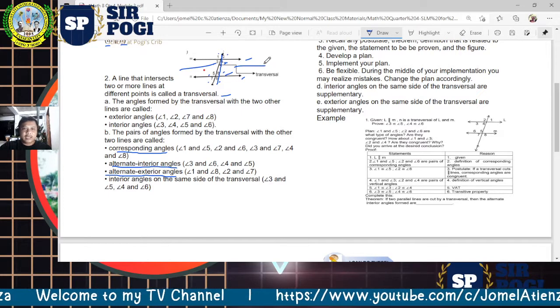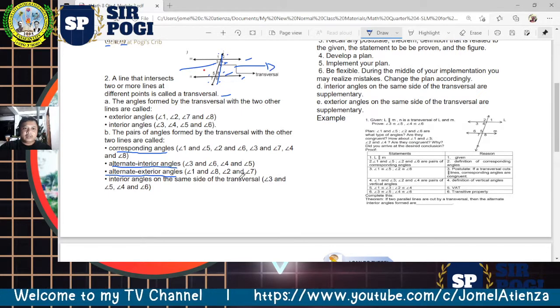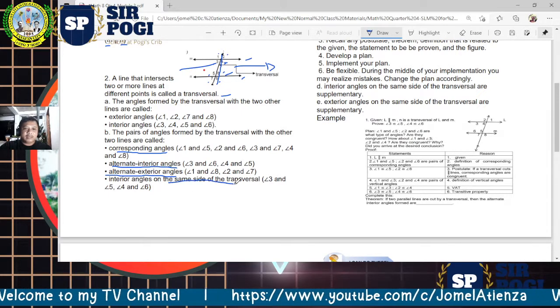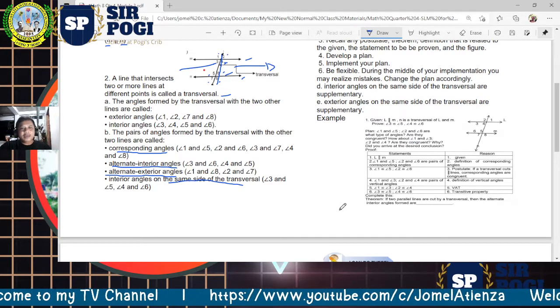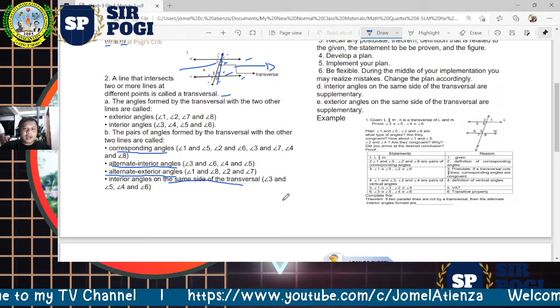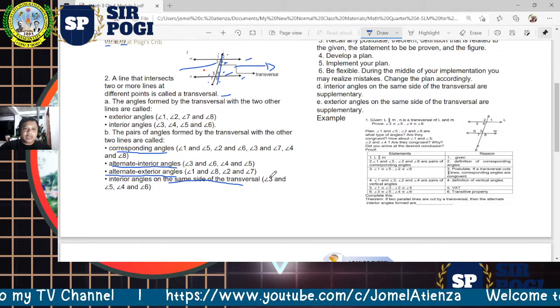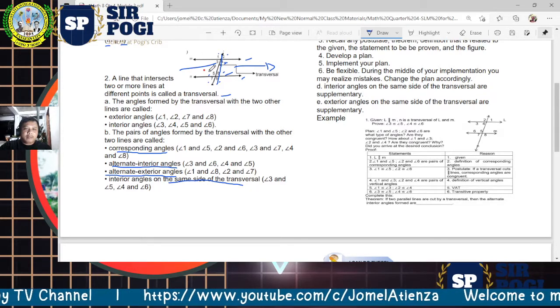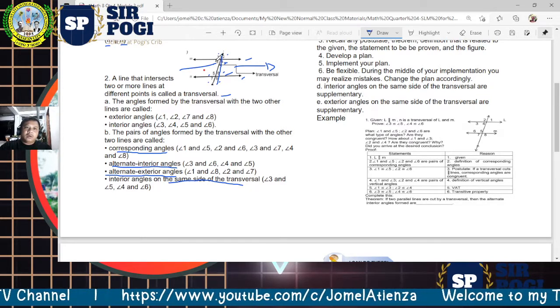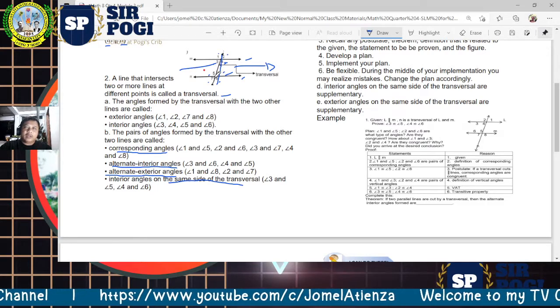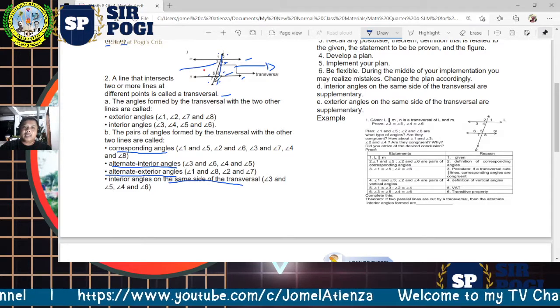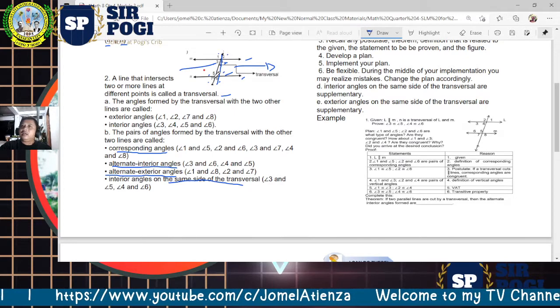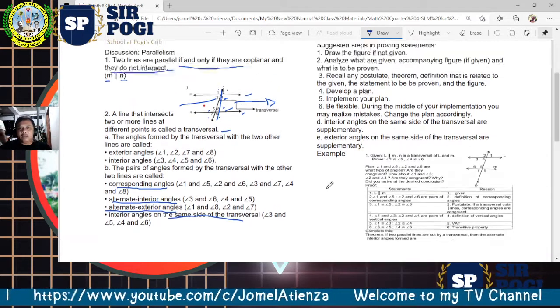Narito naman sa side na ito. Ano? So, same side po siya. Same side of the transversal. Okay? So, kung gano'n naman ang ating angle 3 and angle 5. So, ito, nagpo-form siya. Ang summation noon ay 180 degrees. Kasi, para siyang, let's say, linear pair na tinatawag.